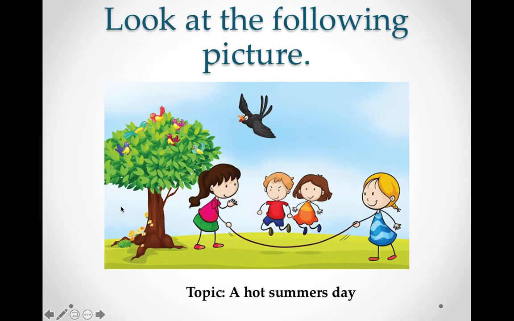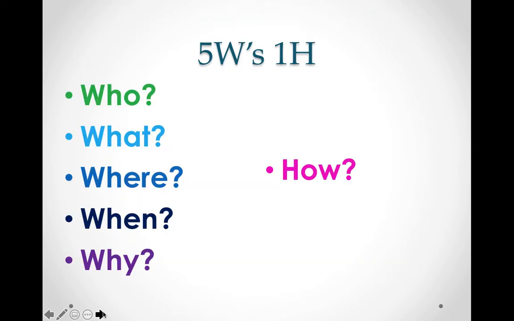Step number 1, let us look at the picture and the topic. So today's picture is about learners playing in the garden, and the topic is a hot summer's day. Step 2, we are going to ask ourselves the 5 W's and 1 H. Now these are the 5 W's.